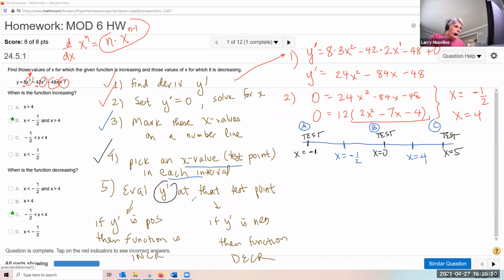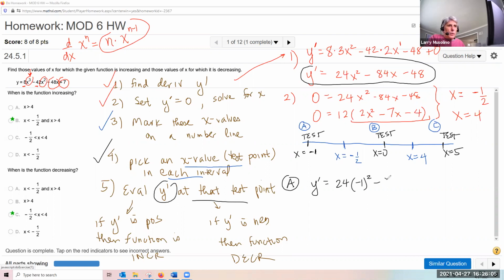Evaluate the derivative function at that test point. If you remember, here is y prime. Let's do interval A. y prime is 24 times negative 1 squared minus 84 times negative 1 minus 48. I just replaced x with negative 1 because we're evaluating this test point.